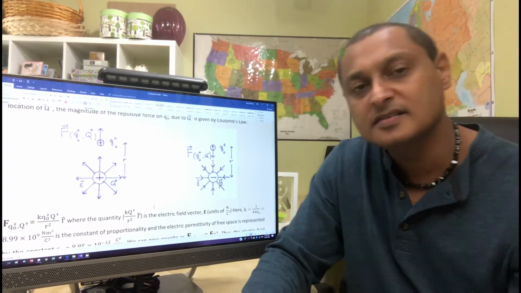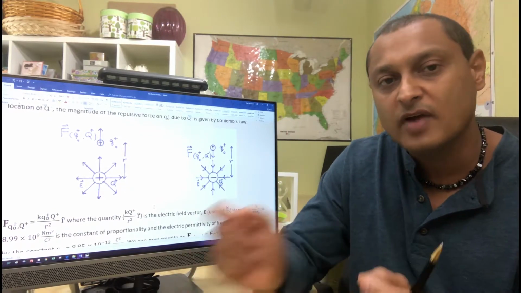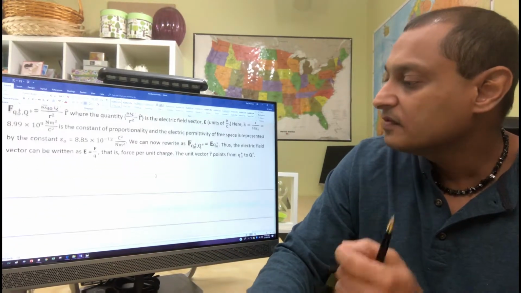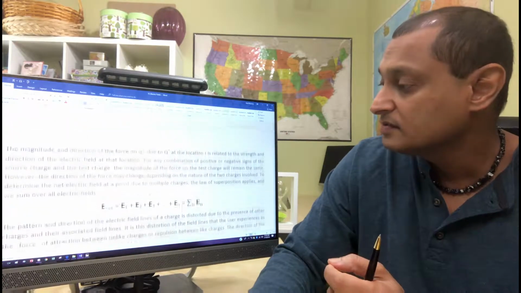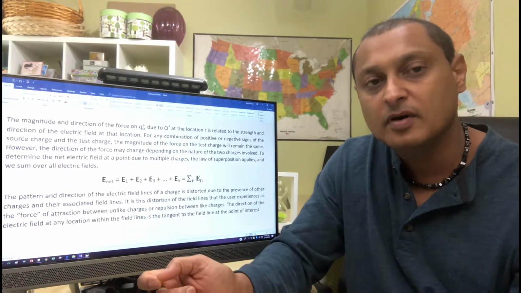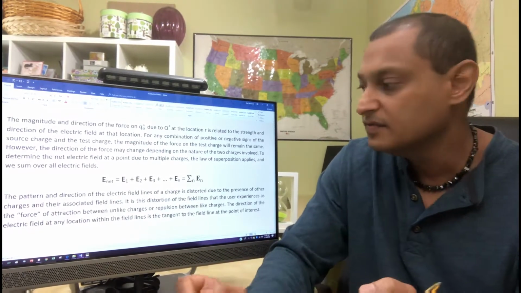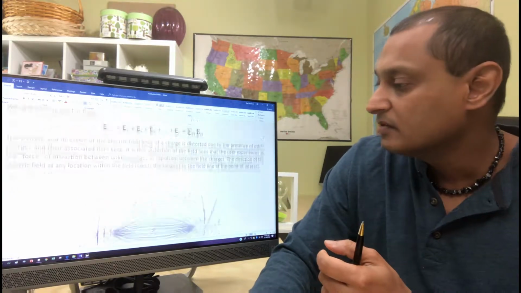So now we've got a concept here to keep in the back of our minds as to what's happening. It's the interaction of these electric field lines between two charges. And of course, if you had multiple charges involved, not just two, it's the vector sum of the interaction of all of the electric fields that gives you the net electric field on any charge of interest.